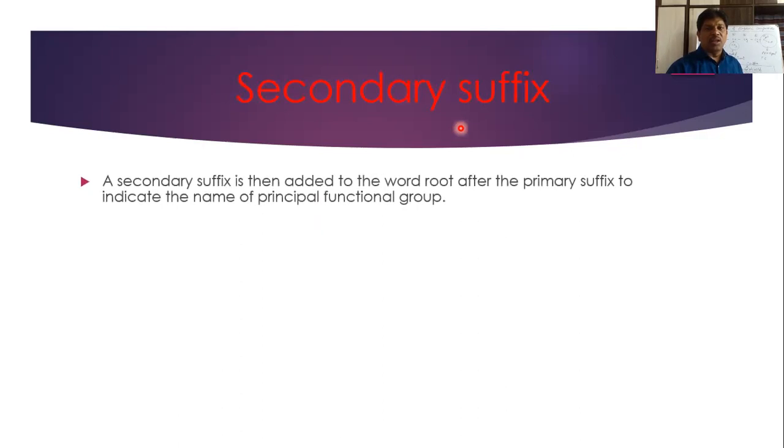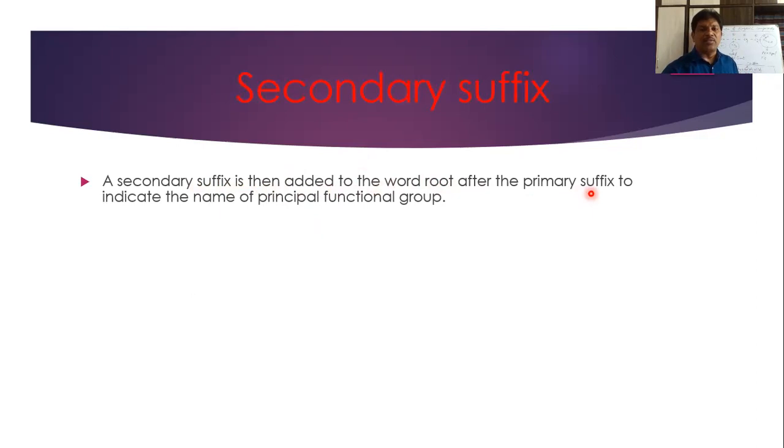Next, the secondary suffix. As I told you, the secondary suffix indicates the name of the principal functional group. If there are 2 or more functional groups in the given carbon chain, one senior group will act as the principal group, and the remaining functional groups will act as substituents. The secondary suffix is then added to the word root after the primary suffix.